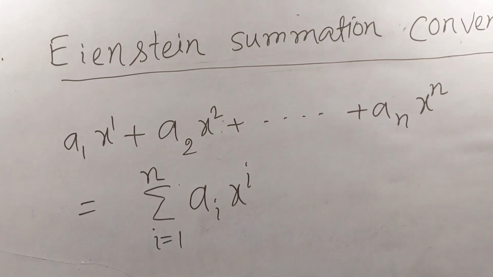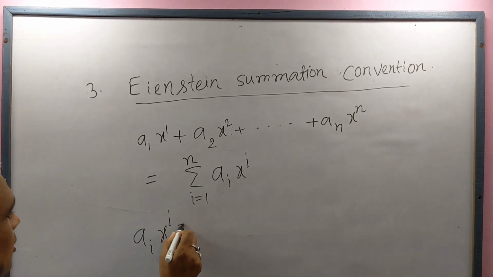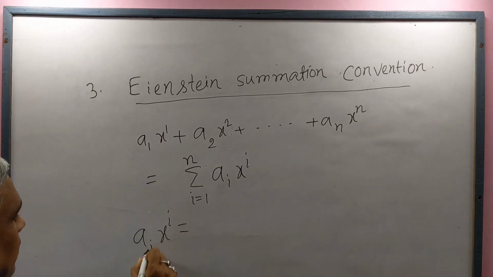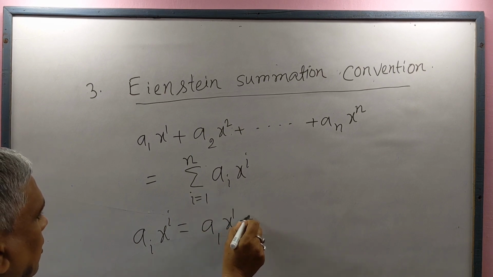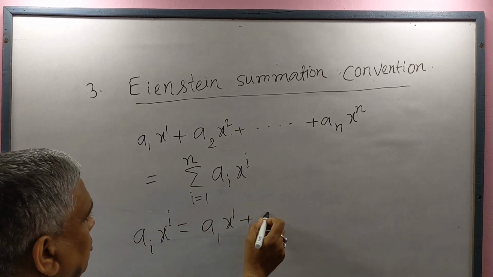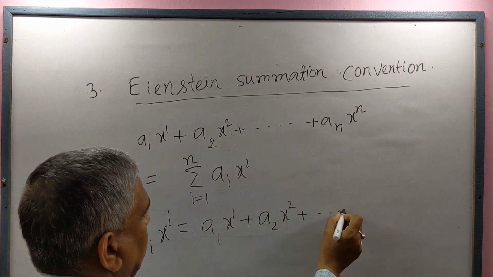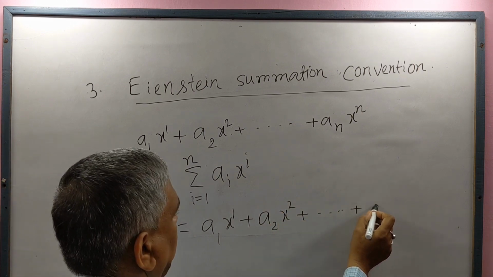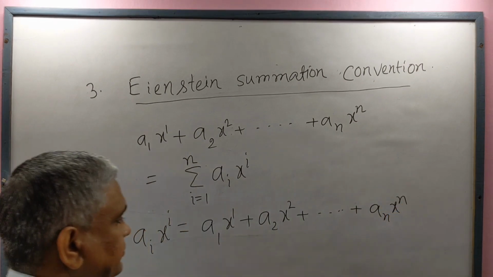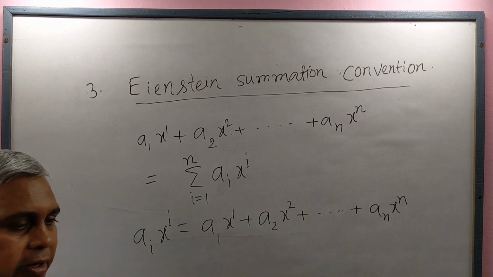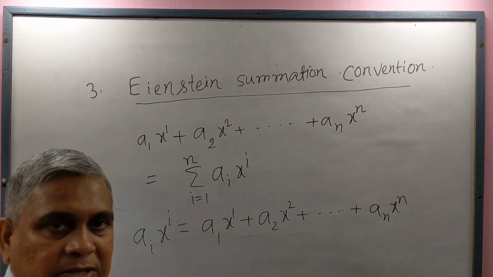That is, we may write ai xi equal to, for i equal to 1, a1 x1, value of i is 2, a2 x2, and so on, an xn. Therefore, we conclude that the dummy suffix denotes the summation.